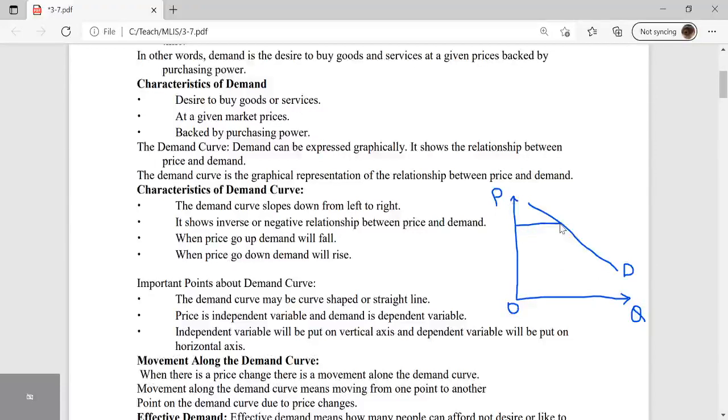So what's the relationship between price and quantity demanded? Suppose the price was P1. I'm sure by this time you already know this, but I'm starting from the basics. Then Q1.